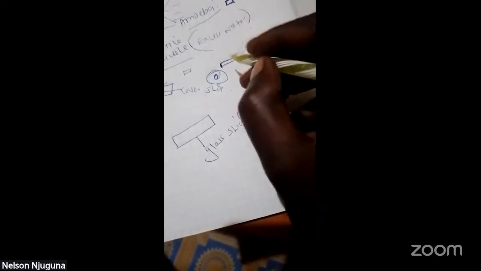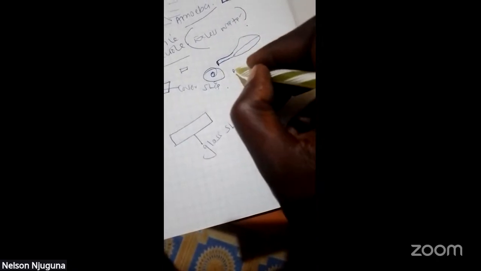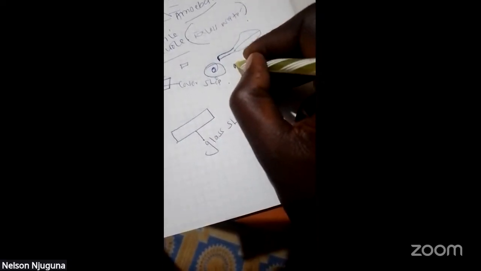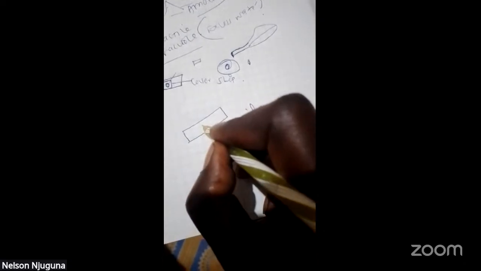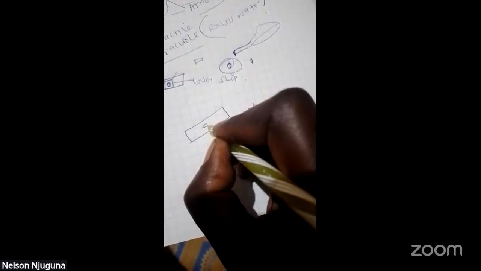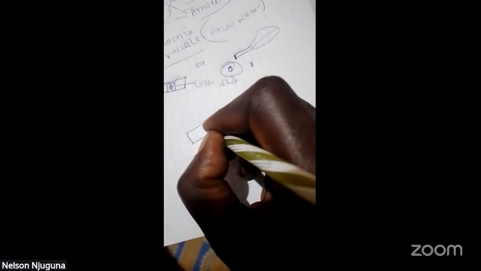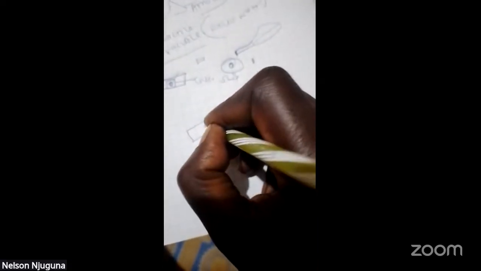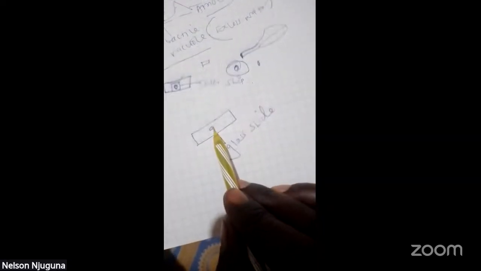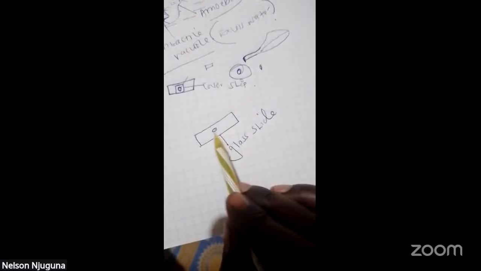That is sectioning. You take that thin section and dip it in water. After you have made the section and now you're ready to observe, you place it here on the slide. Like that. When you place it on the slide, you add a drop of a dye on this specimen. So you put the dye here so that you can make that specimen clear.